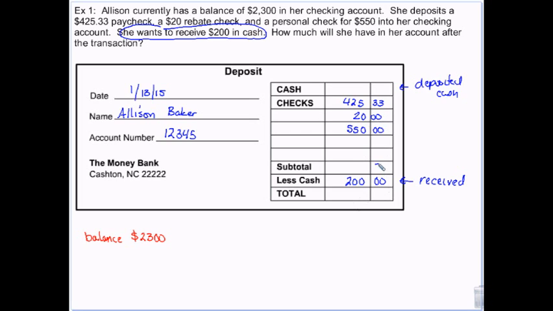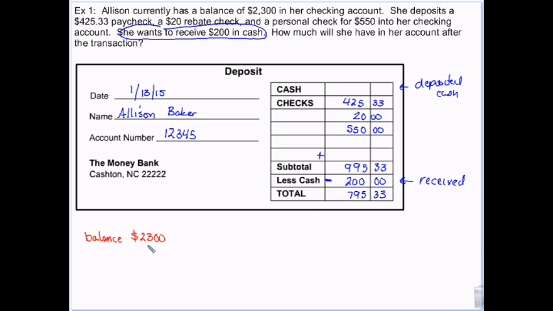So we have to add these up. She's depositing $995.33, but she's getting $200 cash back, so that gets subtracted. So we add, then we subtract, and her net deposit's $795.33.